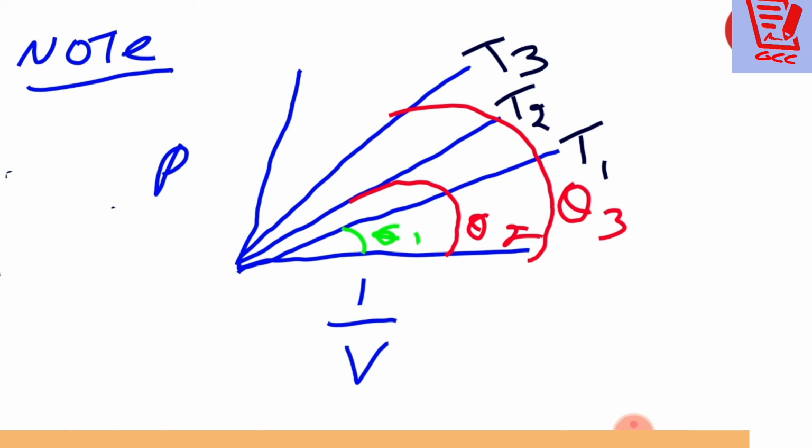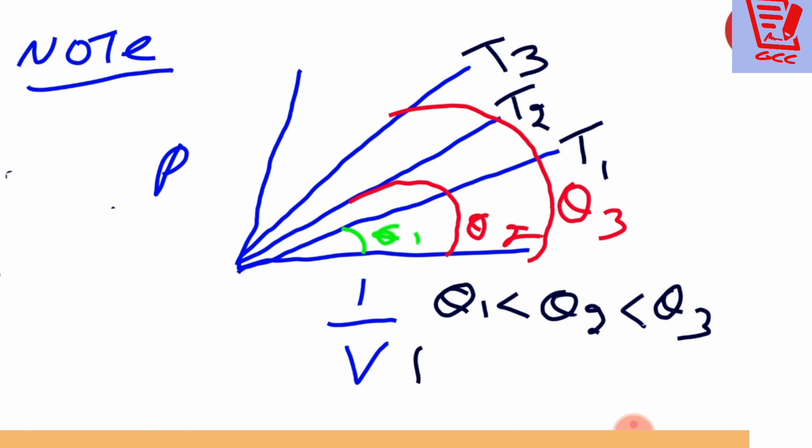You see please all of you, here one thing is clear to us, that theta 3 is maximum, yes or no? And this theta is usually tan theta. What can we write? Tan theta 1, then tan theta 2, then tan theta 3. Is that clear?